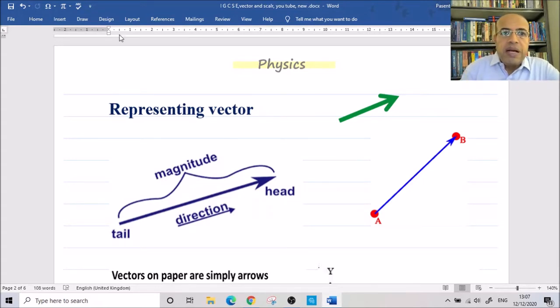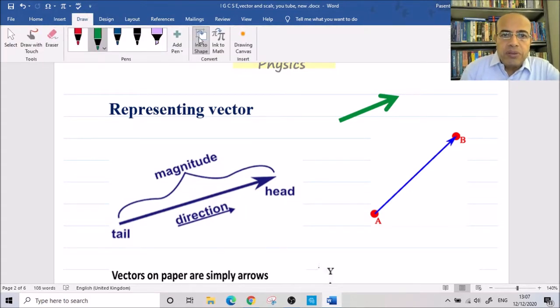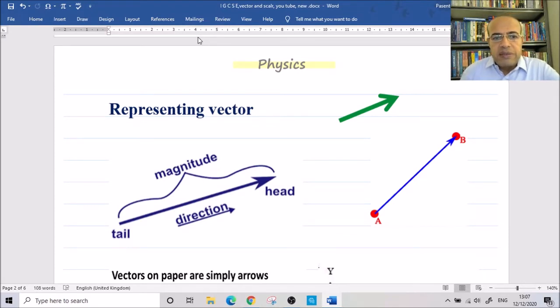Any arrow has a starting point, or any vector has a tail and a head. The distance from the tail to the head, the length of the arrow, gives us the magnitude of the vector, and that is the direction of the vector.